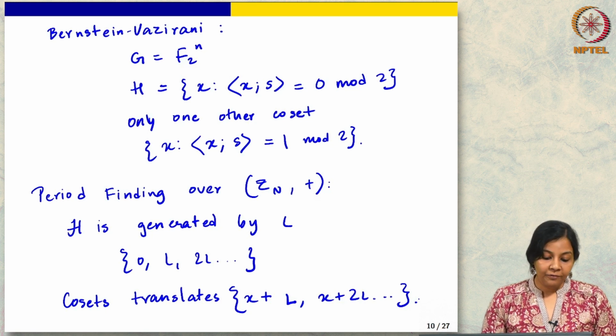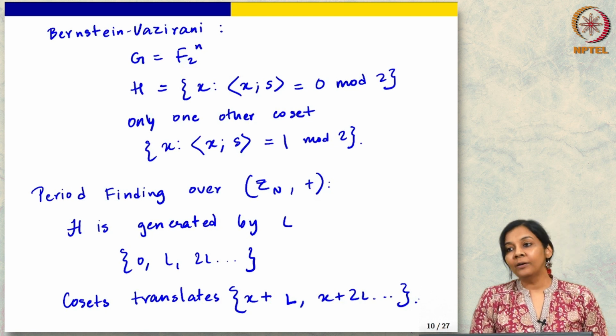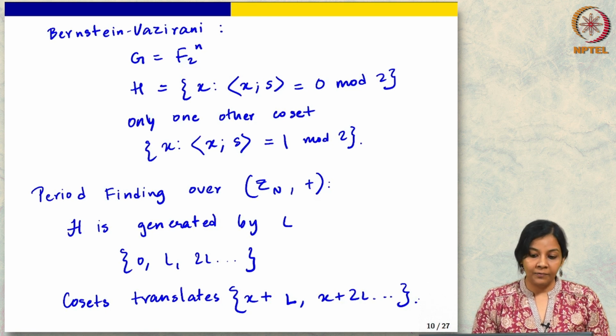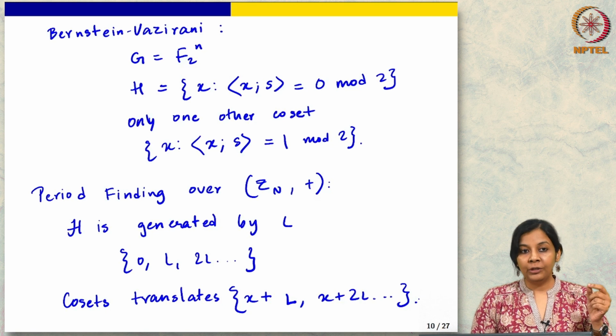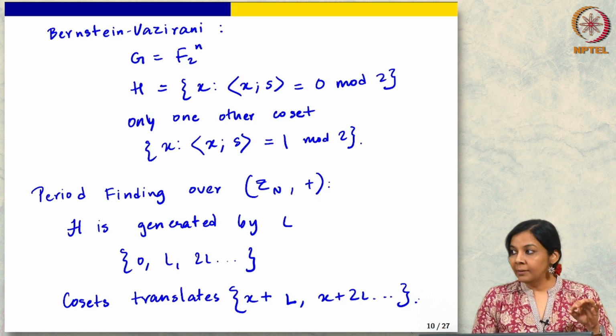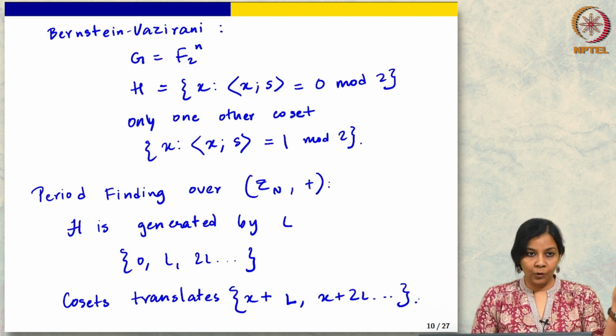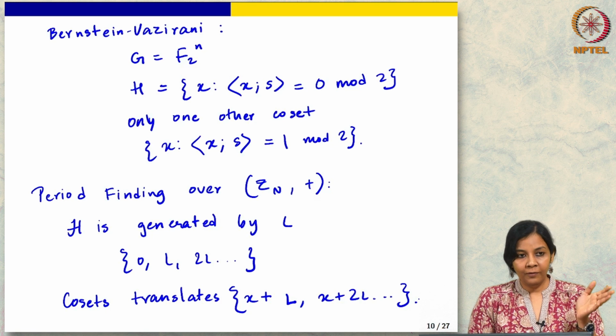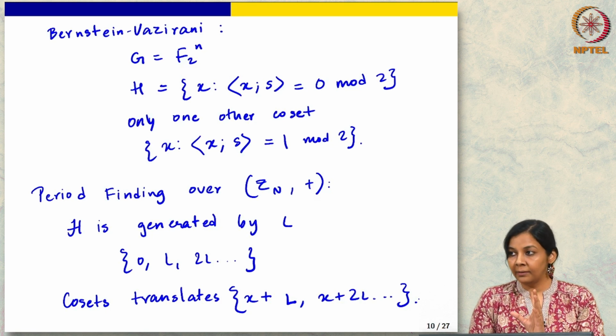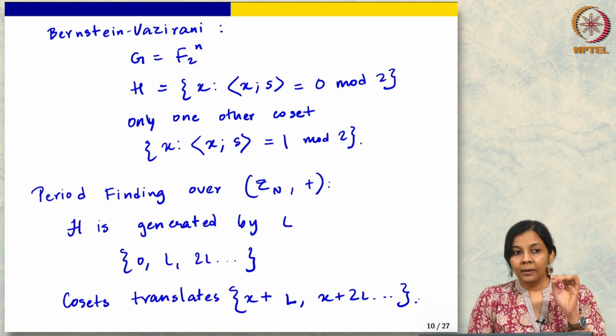So, now if I go back to the standard recipe that we have seen, you will prepare the superposition over all elements in G, that is all the inputs. I am going from G to colors. Then I will apply the function.